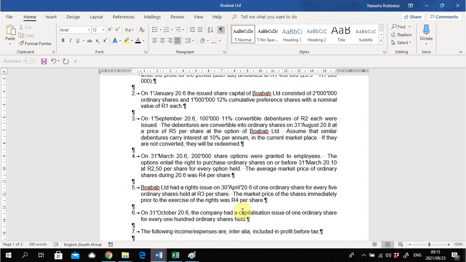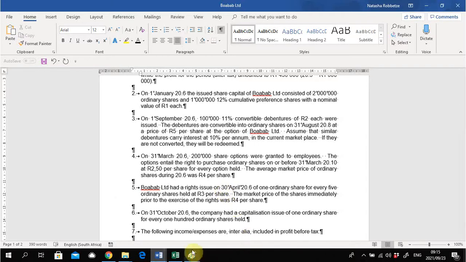They're just splitting it into more ordinary shares. Also with the rights issue, they are issuing ordinary shares, but they're just issuing it at a cheaper price. So the potential changes where it would have cost 4 Rand, now it's costing 3 Rand. So it's already ordinary shares, but something kind of snaggy or tricky is happening with it.